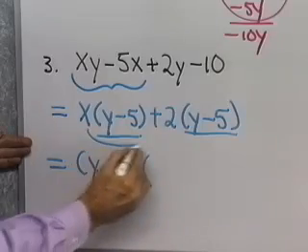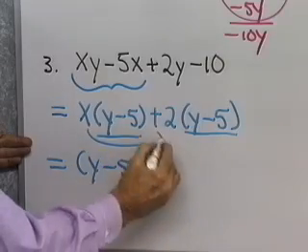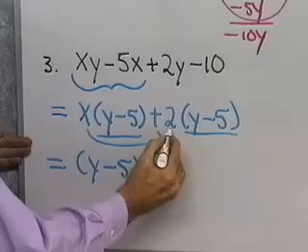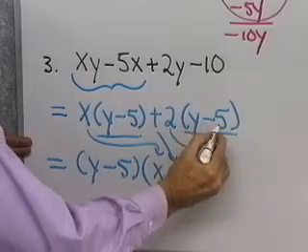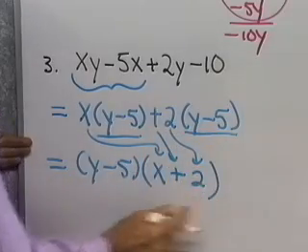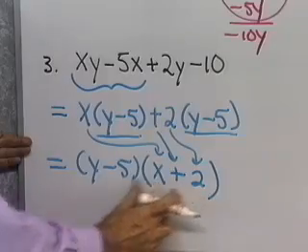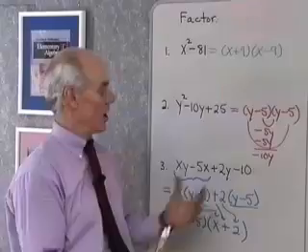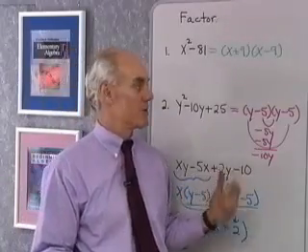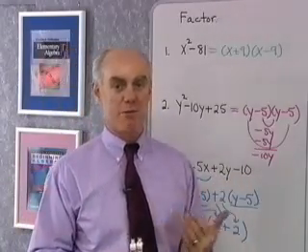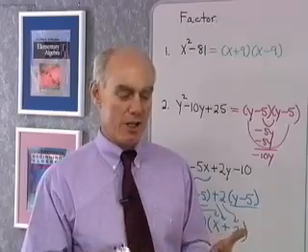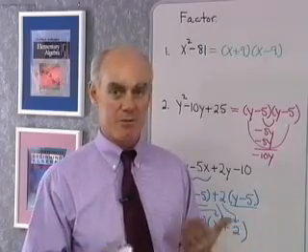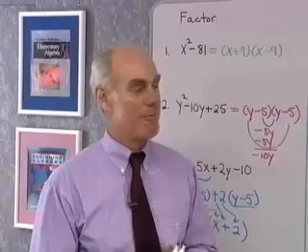What's left in the first term when I factor it out is x, plus what's left in the second term when I factor out y minus 5 is 2. So y minus 5 times x plus 2, if I multiply these two binomials together, I get exactly this polynomial right here with the four terms. So you see, I'm just factoring a variety of polynomials, and each of the factorizations comes from one of the sections that we've covered so far.